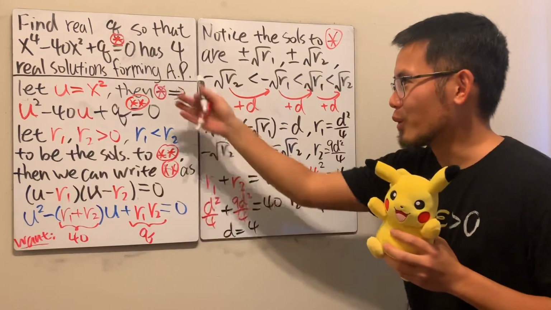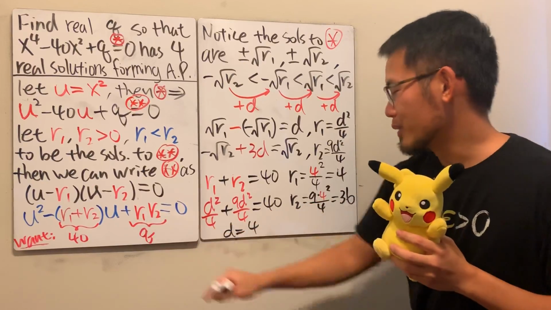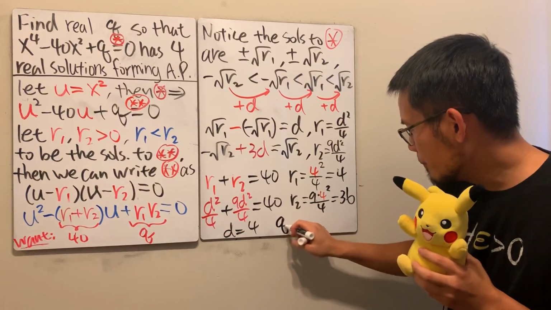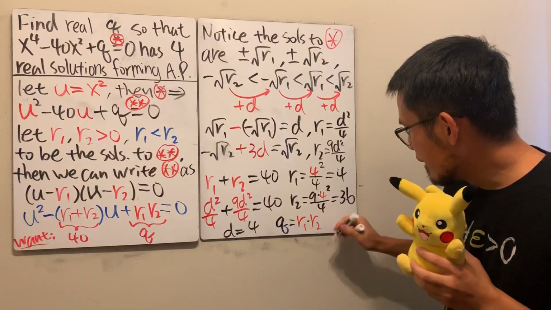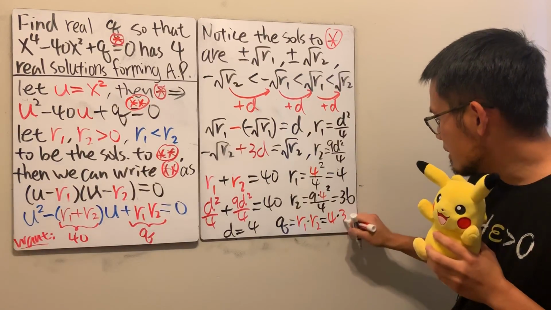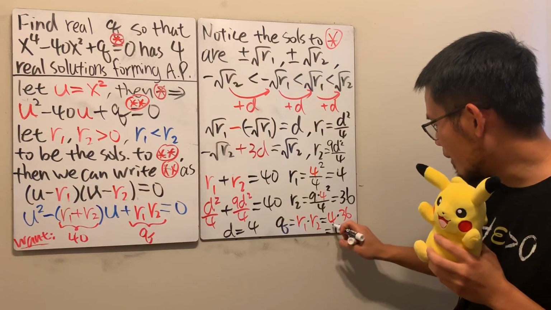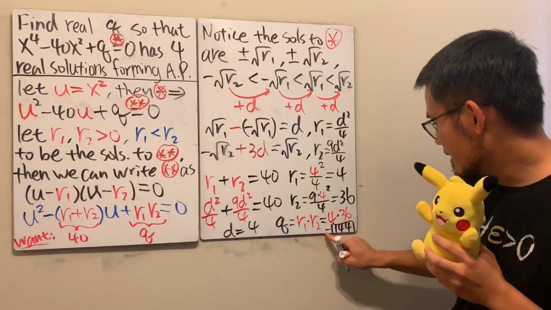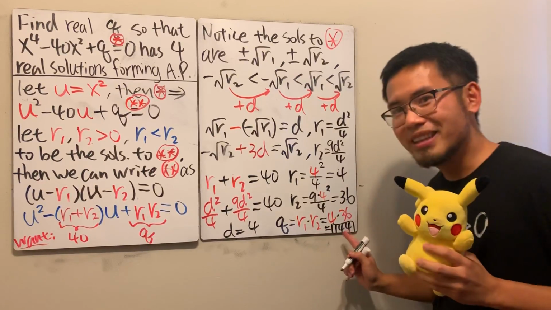Don't forget about our original intention. And q is precisely R1 times R2. So I'll just write down q, which is the same as R1 times R2, and that's just nicely equal to 4 times 36, and the answer is 144. Wow, I finished everything on these two little boards. So the answer is 144.